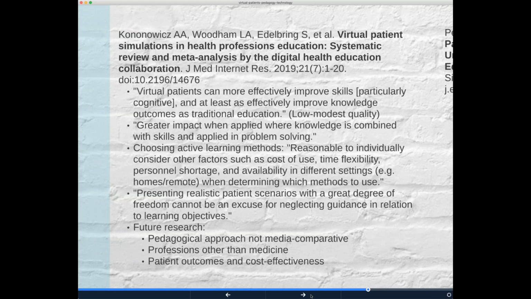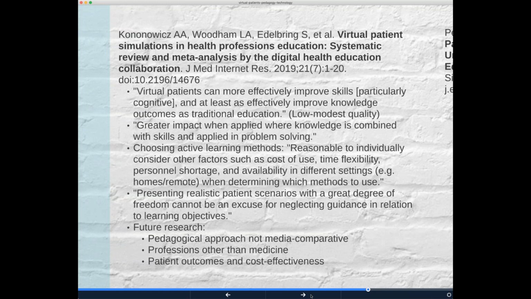Once you invest the time to develop a case, the scalability and the number of learners you can reach in a shorter period of time is much greater than in-person high-fidelity simulations that take a lot more resources to work learners through.